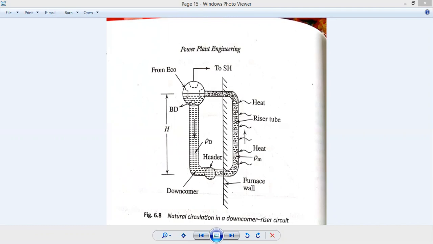The rho bottom is rho D, and rho top is 1 by v top, where v top is v f plus x top into v fg, where x top is the quality of the mixture at the top of the riser, also known as the dryness fraction.